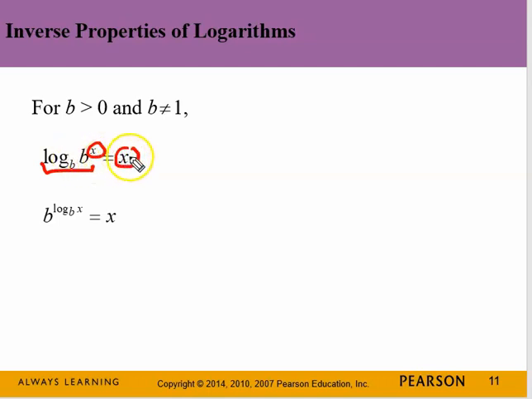We reviewed this a couple of times. And then this is if we have base b to a logarithm b of x, this x equals this x. This is the inverse property of logarithms. Now let's go on to some examples.